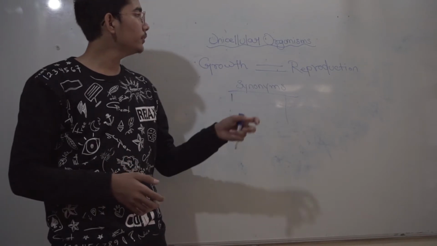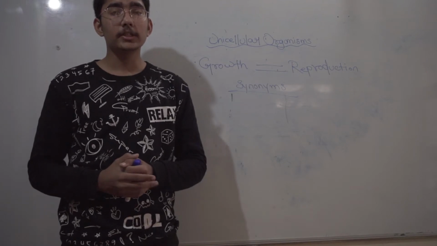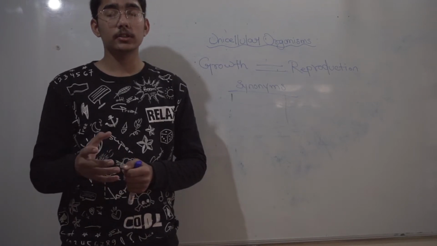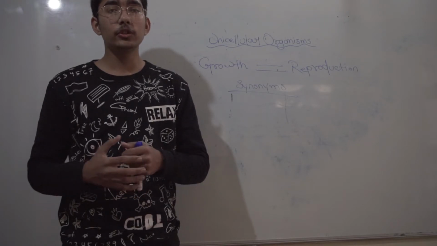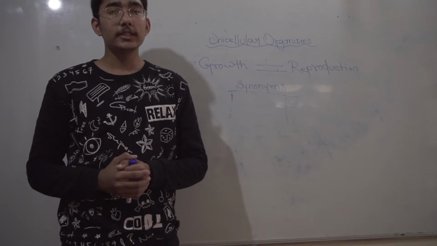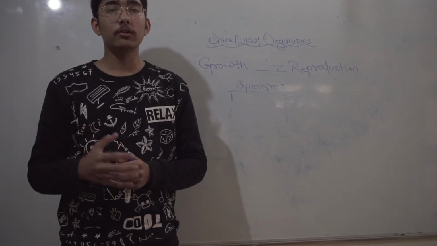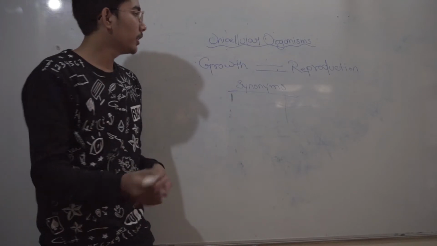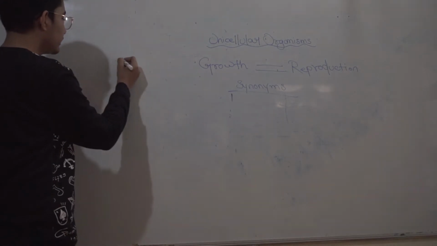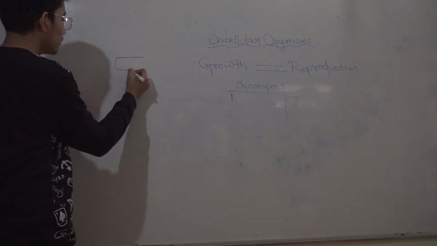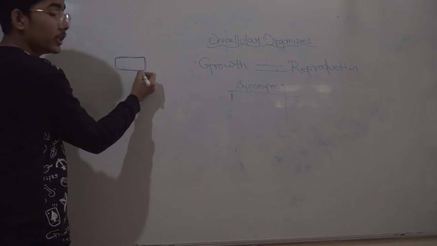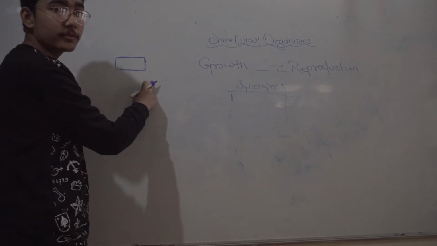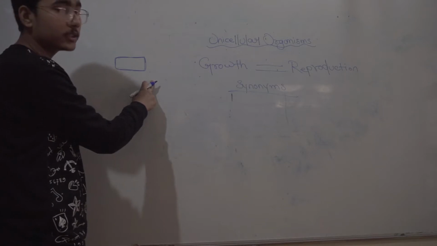In the case of unicellular organisms, in the second case, if a cell divides itself, they do not produce new cells. Besides this, they form new acellular organisms. Let's say this is the cell of a unicellular organism. This is so because they are unicellular organisms, so they contain only one cell.